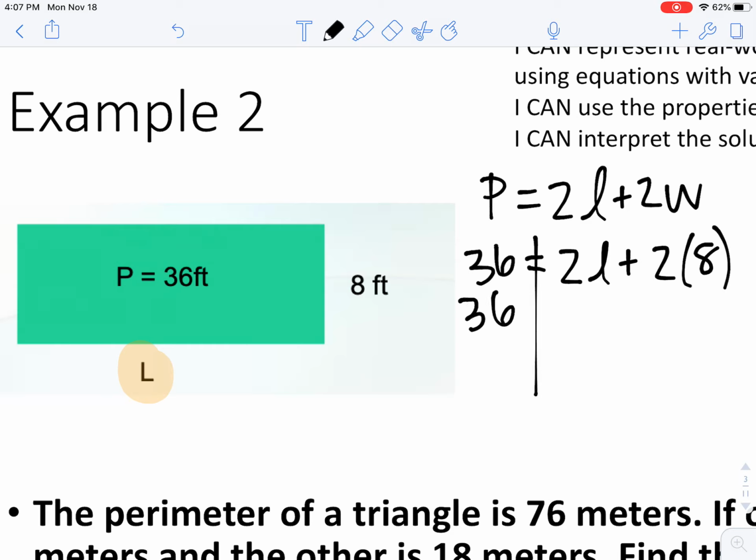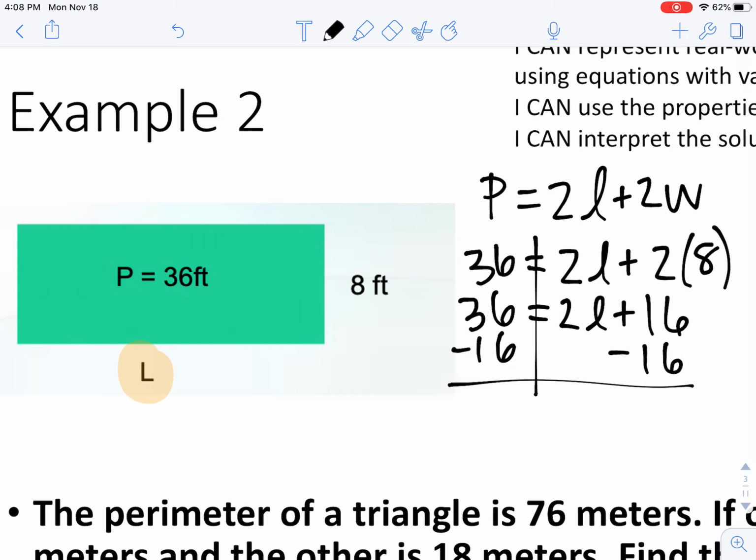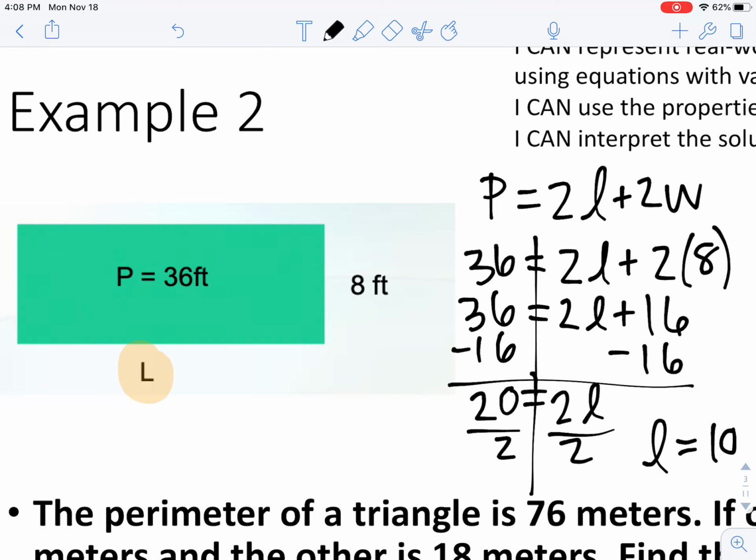I get 36 equals 2L plus 16. I'm then going to subtract 16 from both sides. I'm left with 20 equals 2L. And I'm going to divide both sides by 2 to get L by itself. I'm left with L equals 10. So the length is 10 feet.